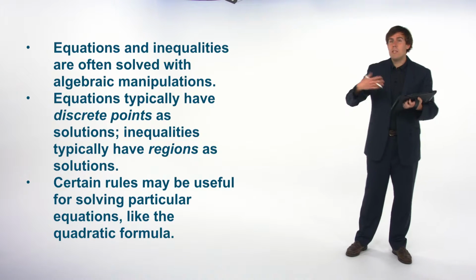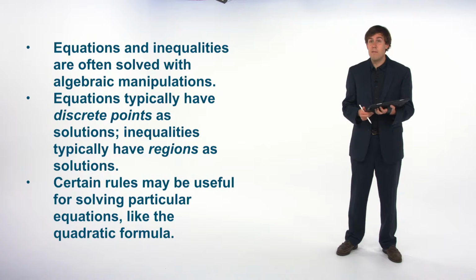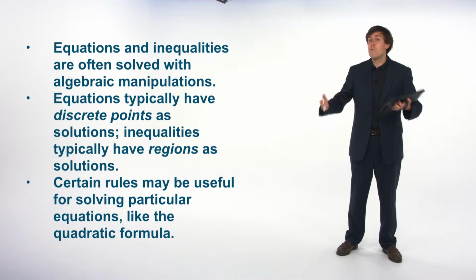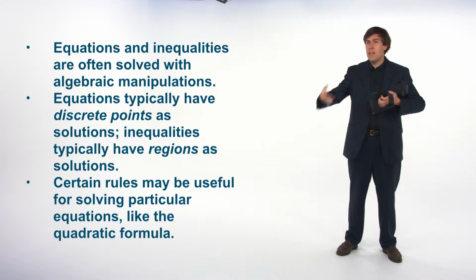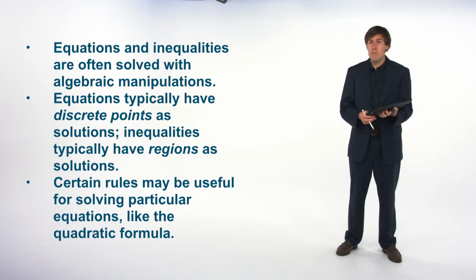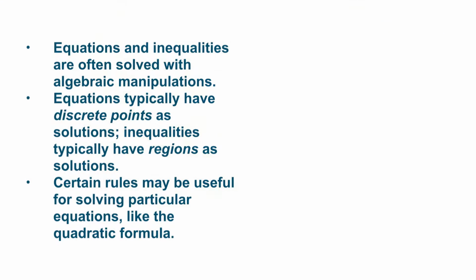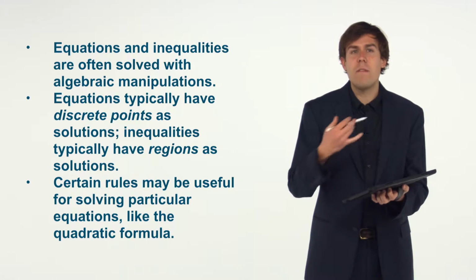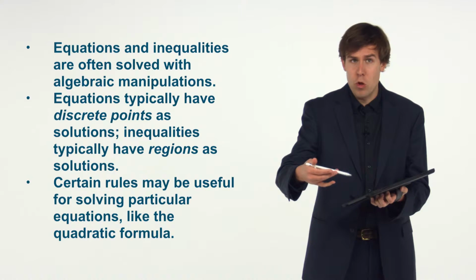So the way that we typically solve equations and inequalities involving any of these types of functions is to do algebraic manipulations. Things like adding something to both sides, exponentiating both sides, taking square roots, these are all algebraic operations. So we manipulate with these in order to solve our equations. One of the key differences between equations and inequalities is what the solutions will look like.